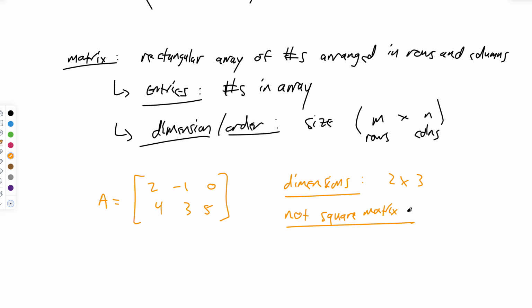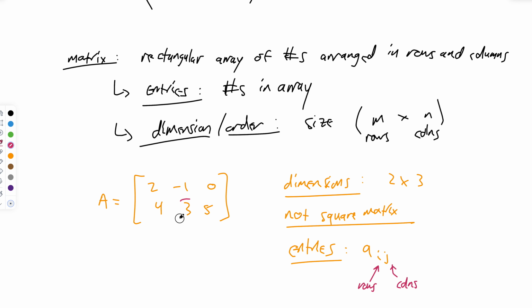And I can also define the entries like I was talking about with a lowercase letter. So generally, if this is capital A, I could define different entries by using, I'll put it over here, A sub ij usually, where i is the number of rows, j is the number of columns, right? So as you'd expect, number of rows, number of columns.